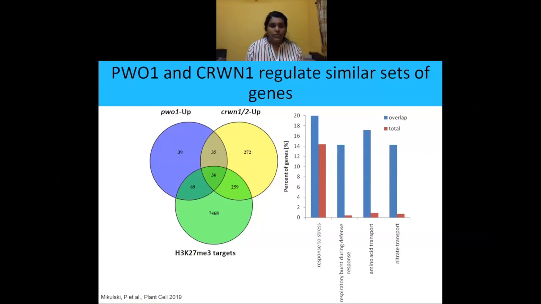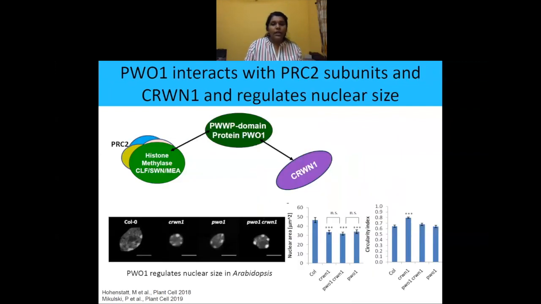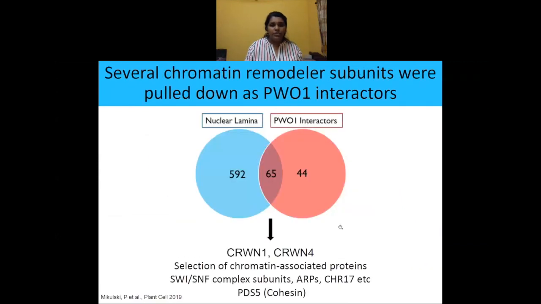In order to further characterize the PWO1 CRWN1 interaction, we decided to look onto more interactors of these two. So when we overlap the PWO1 interactor list with the nuclear lamina enriched fraction, we could see more than half of the PWO1 interactors were overlapping with this lamina fraction, which included CRWN1 and CRWN4, and also several chromatin associated proteins.